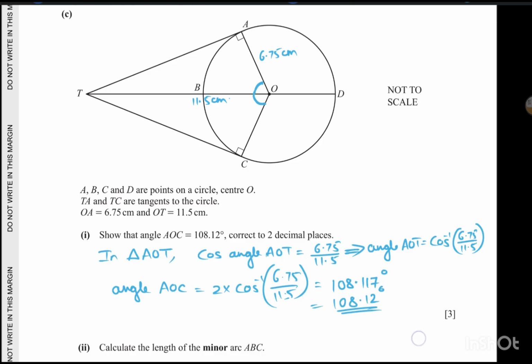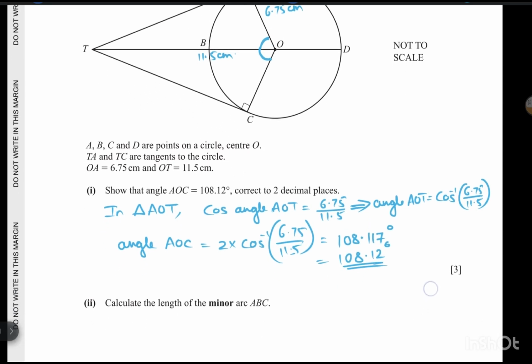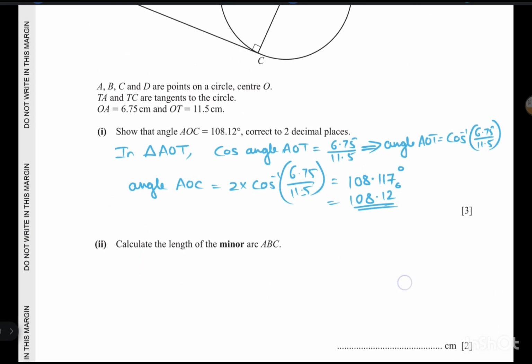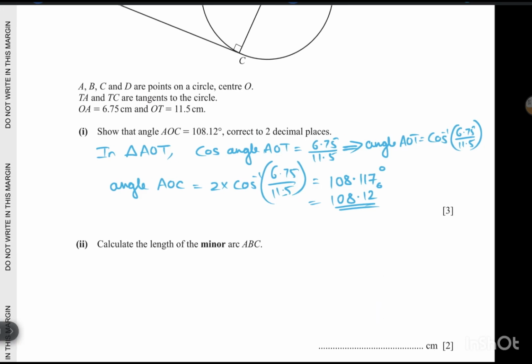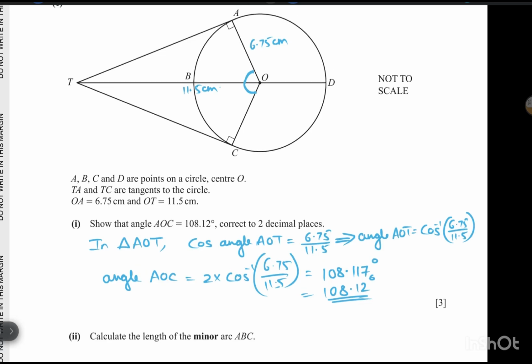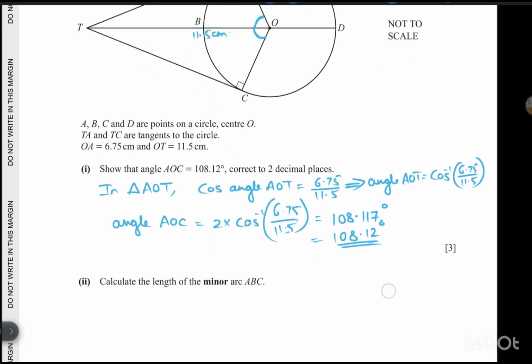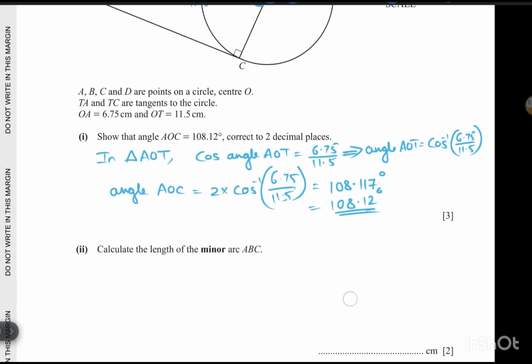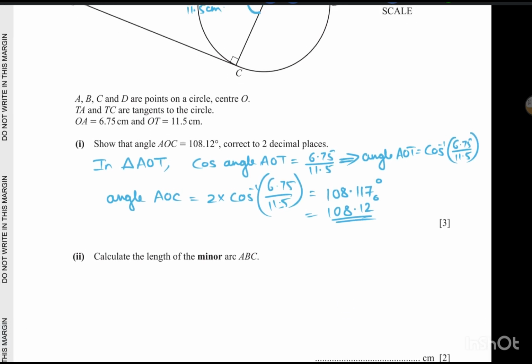Now question 2, calculate the length of the minor arc ABC. So what is a minor arc? Let me show you. Minor arc is this part, the smaller arc. We need to find the length of this. First of all, what is the formula for finding the length of an arc when you know the angle of the sector?